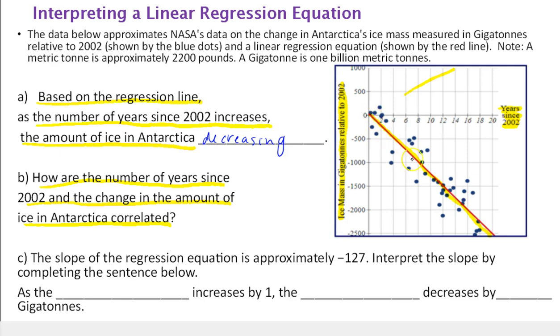Here, clearly, because it's going downwards and decreasing, we can say these two variables are negatively correlated. So you could think of moving down in a negative direction as associated with decreasing. So negatively correlated.